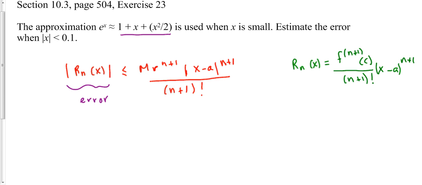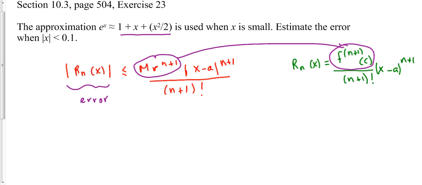If we compare these two expressions, we can see that the n plus 1 order derivative of f evaluated at c is going to be related to M times r to the n plus 1. Let's see if we can use this information to figure out what M and r are going to be, because those are really the difficult parts of these equations.